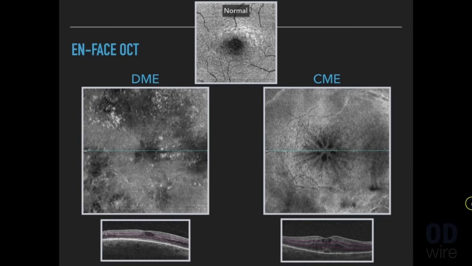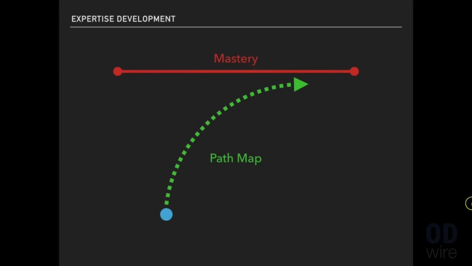What I would encourage you all to do is begin to think about this and use it, because as you're progressing along your path map, you need to understand where you're at, and you need to understand those slabs and the concepts associated with that.